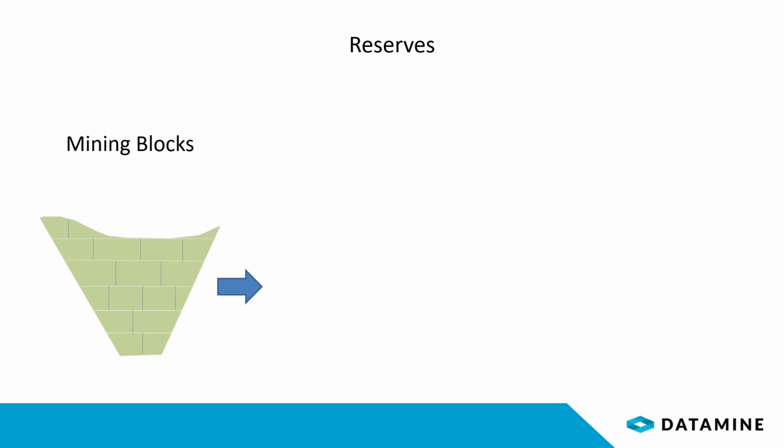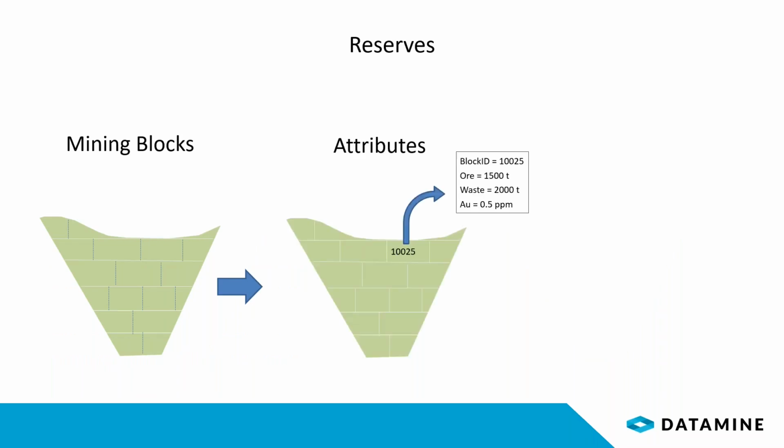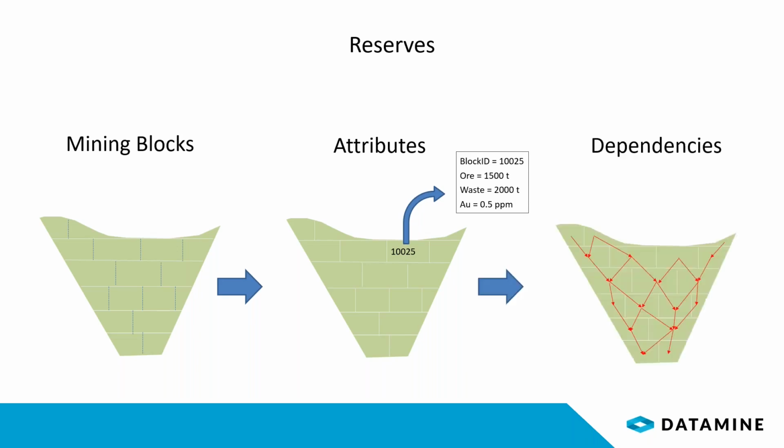So alongside the mining blocks, we also have attributes and dependencies. The attributes are any type of information associated with mining blocks. These attributes can come from an automatic evaluation of mining blocks or from interactive selection.